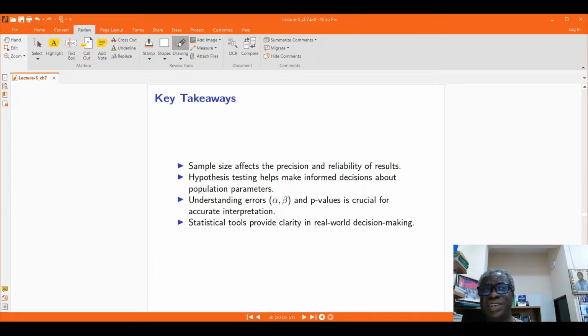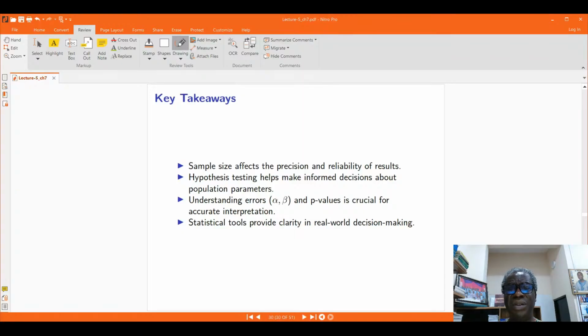They are not based on conjecture, they are based on a systematic procedure. Then we have seen the two types of error that can be committed. The type 1 error is the error of rejecting a true hypothesis, and the type 2 error is the error of accepting a wrong or false hypothesis. So the p-value is crucial for accurate interpretation.